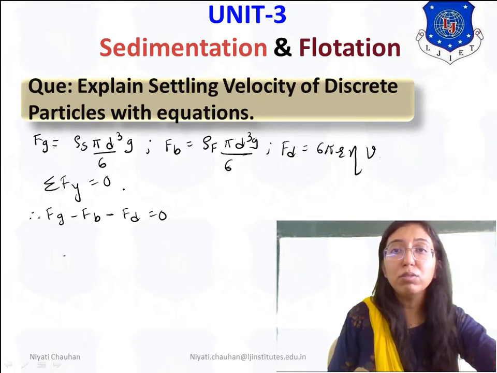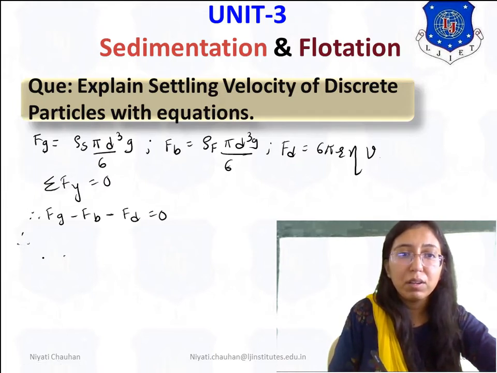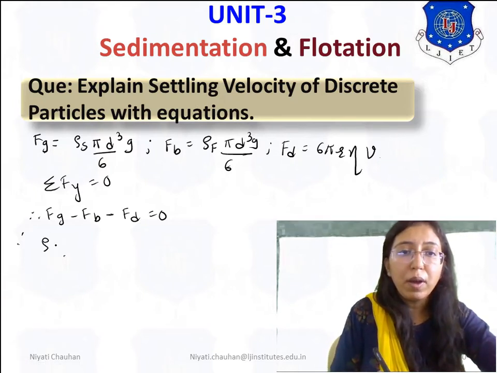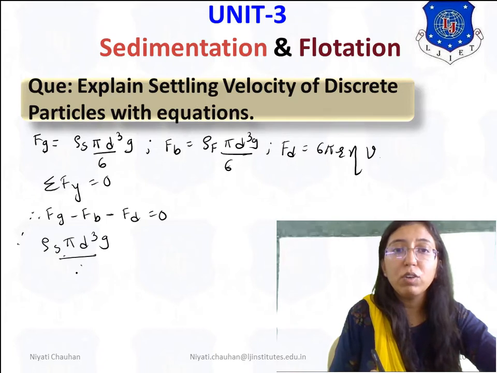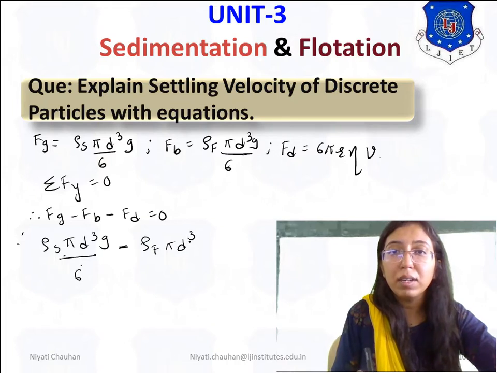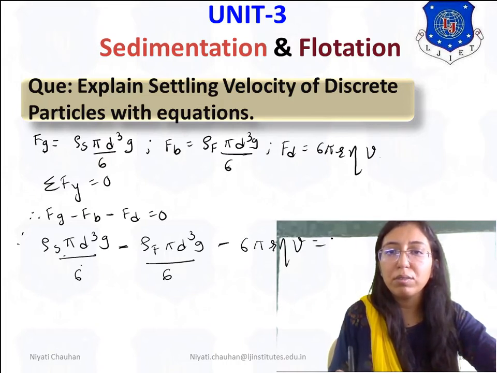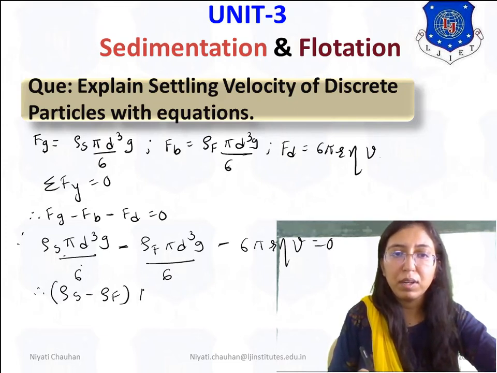So sigma Fy is equal to 0, and putting all values we get rho s pi d cube g upon 6 minus rho f pi d cube g upon 6 minus 6 pi r eta v is equal to 0. So here rho s minus rho f.